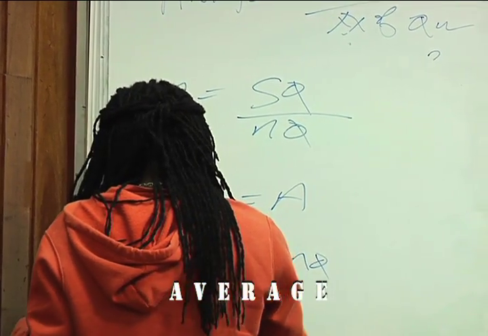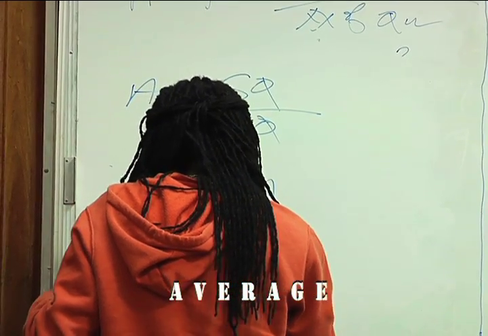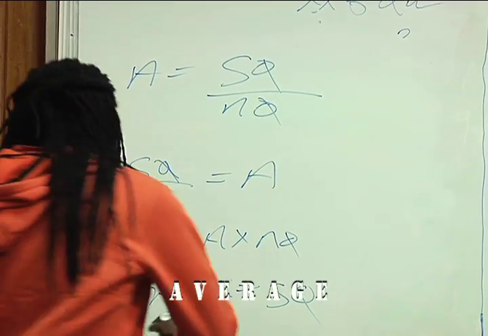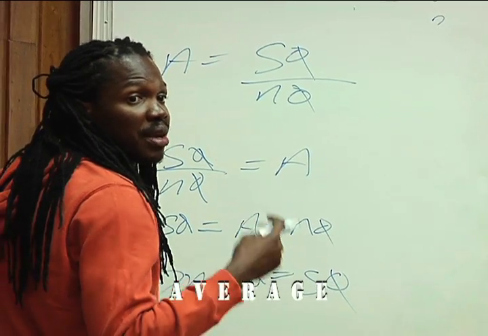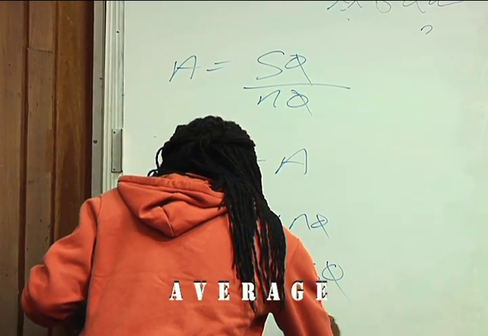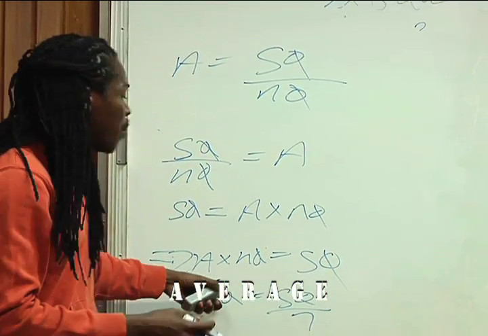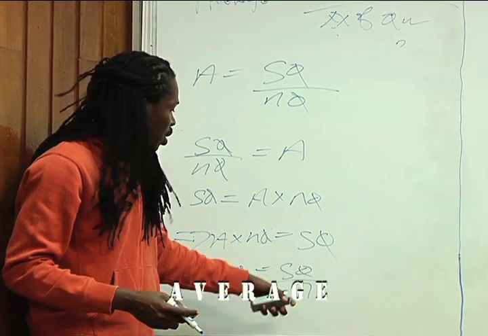So A times NQ equals SQ. Same thing. So what function is A to NQ? What function will be on the other side? Good. So NQ equals SQ over A. If I want to find the number of quantities, it is equal to sum of quantities over average.